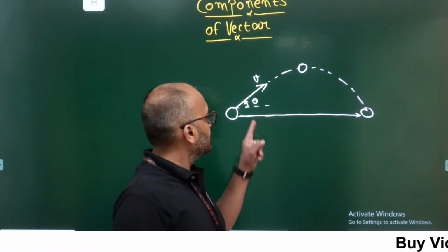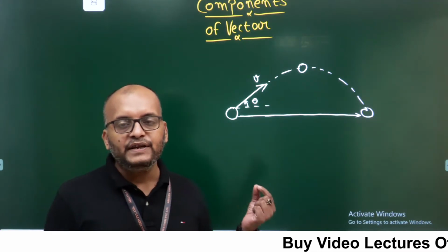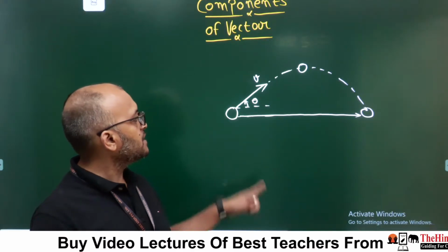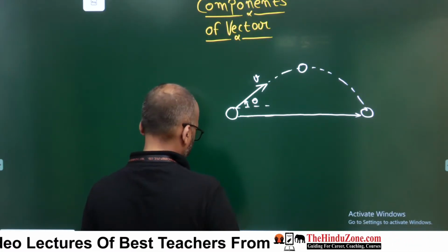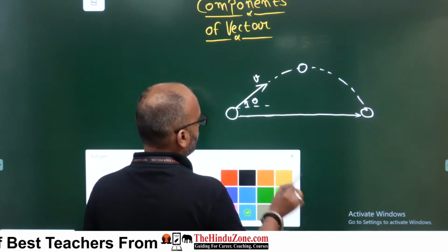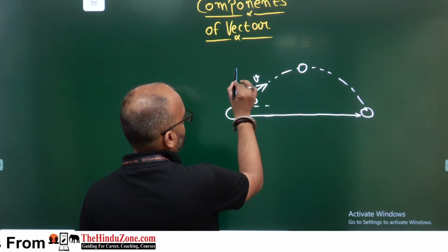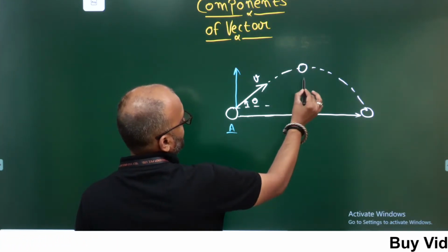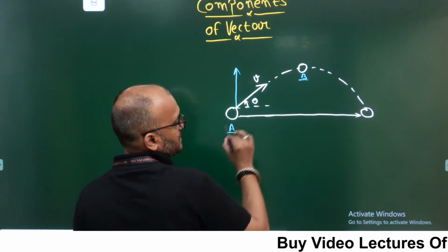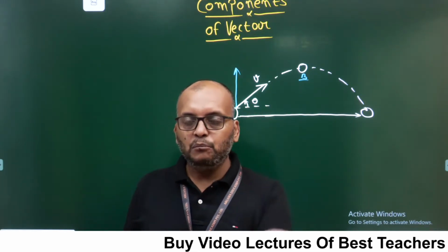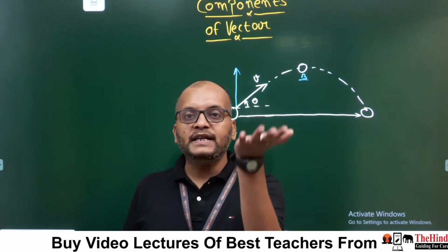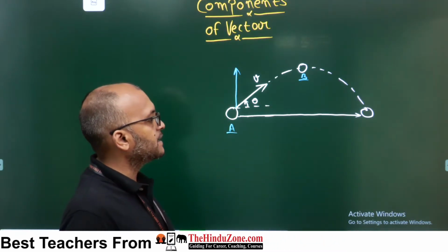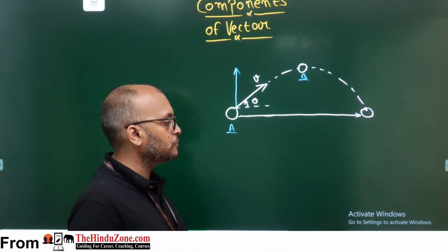So this velocity v given to the ball is doing two things. This velocity is taking the ball in the upward direction, from this position. Let me call this position as A, and if this is my position B, so ball has covered some height also. Vertical elevation is there. Yes or no?